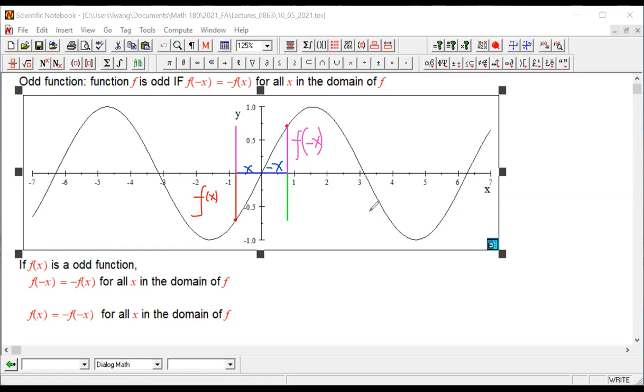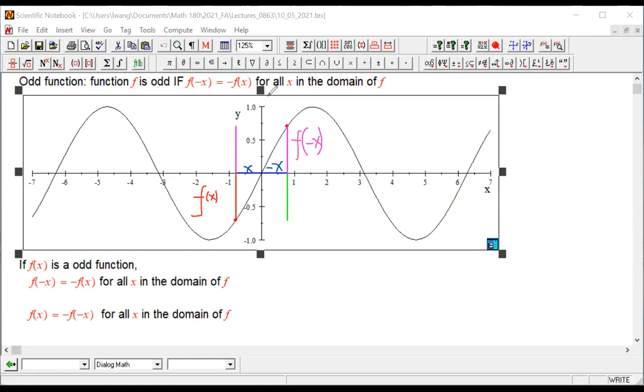You guys follow me? So this purple here and this red over here, they are opposite to each other. In the case of odd function, we're describing the meaning of the odd function, the geometric description and the algebraic expression.